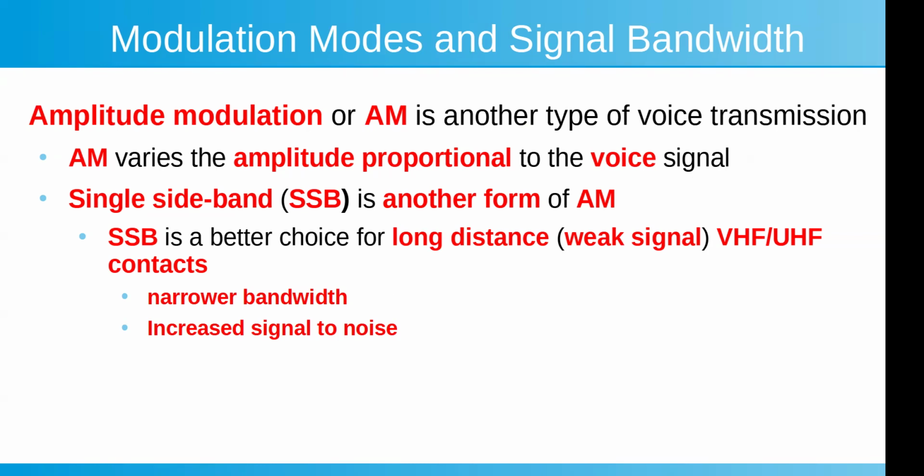It could also be a digital input to modulate it, which effectively is what CW is. You're either turning the carrier on or off completely. Instead of proportional to your voice, it's on or off for a period of time, representing a dit or a dot.